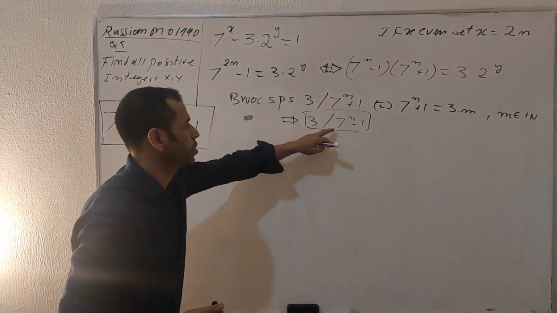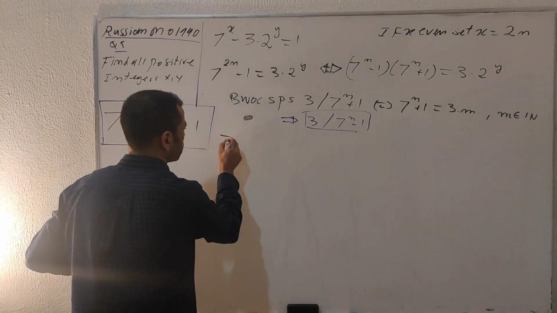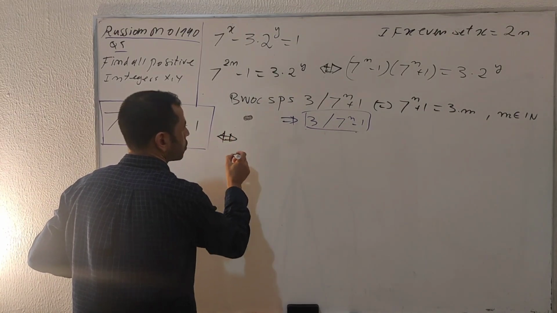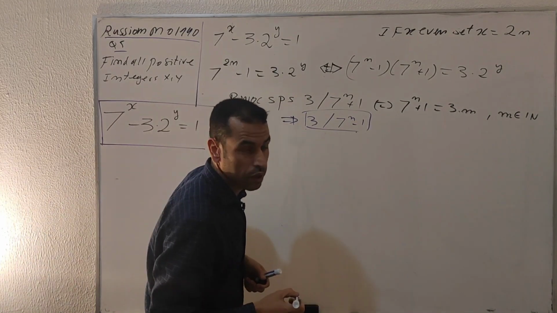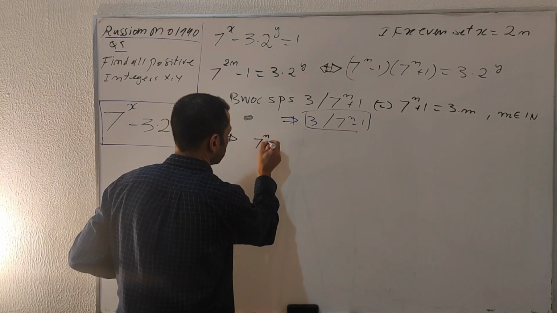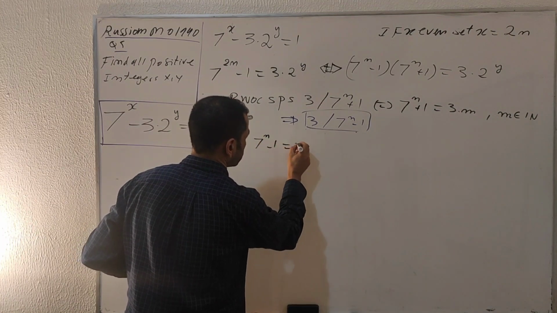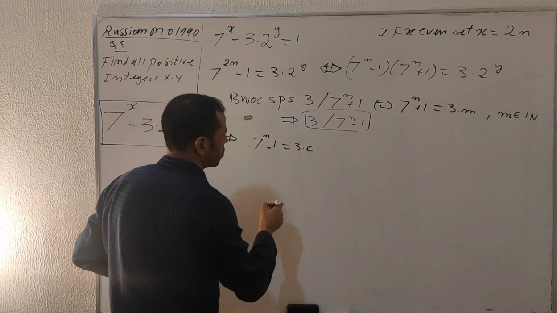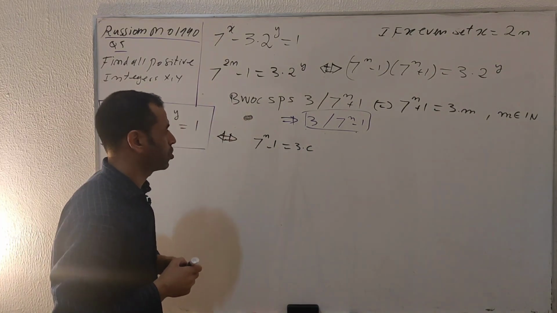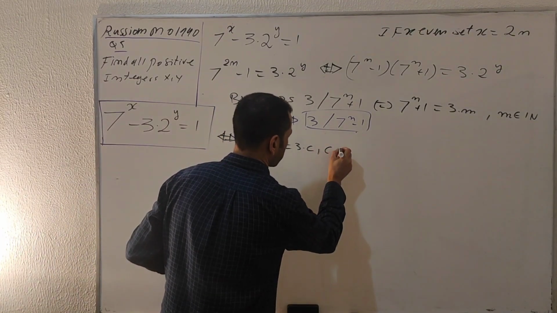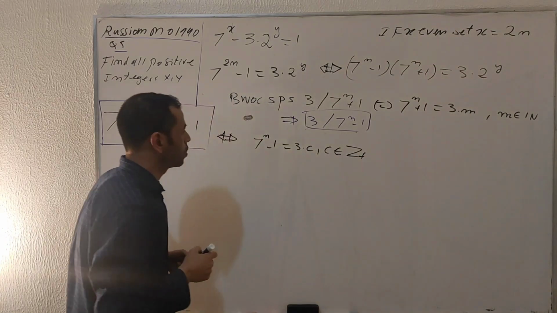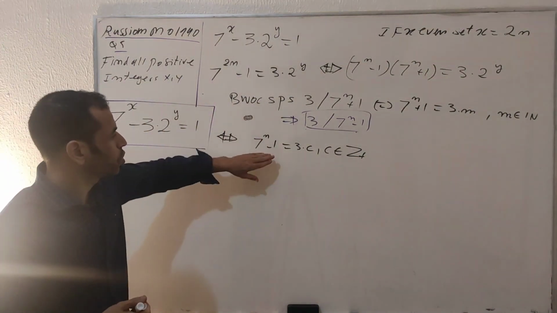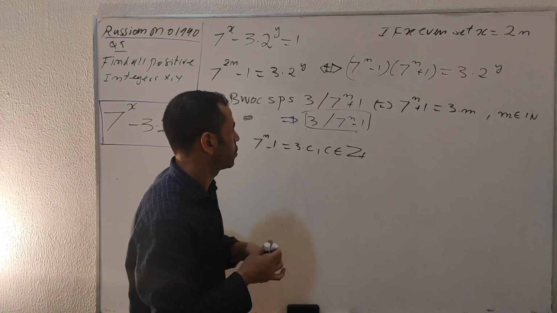So we have 3 divides 7 to the n minus 1, which is equivalent, according to the divisibility statement, to 7 to the n minus 1 equals 3 multiplied by c, where c is a positive integer. I'm simply going to replace this one with this one here.